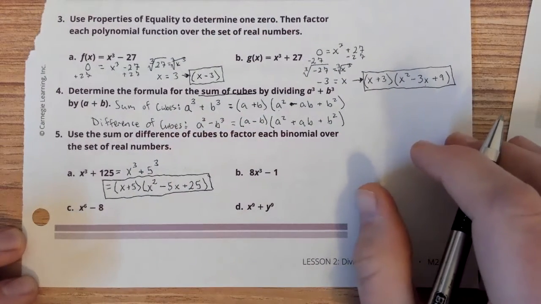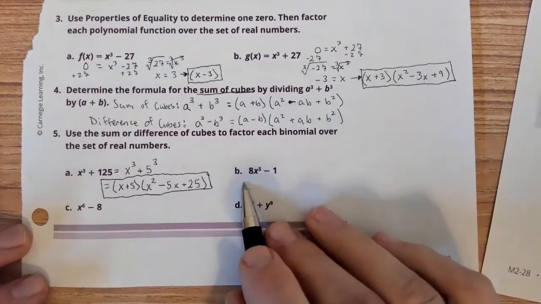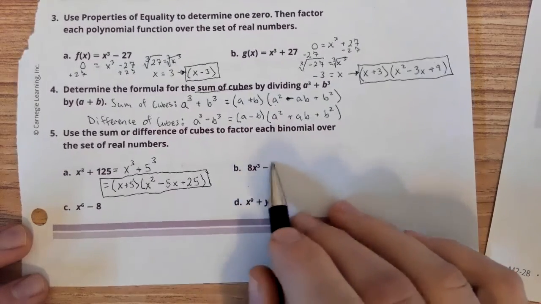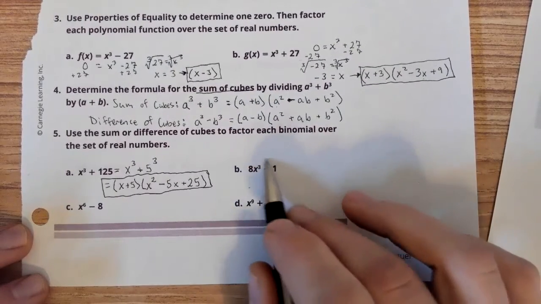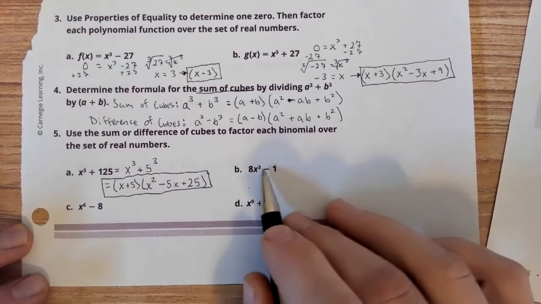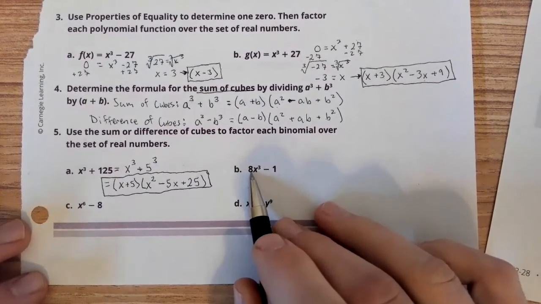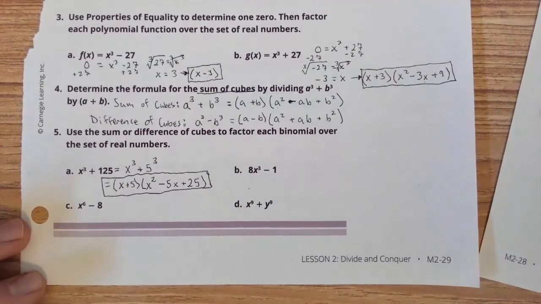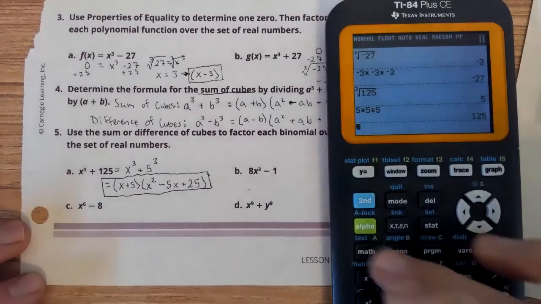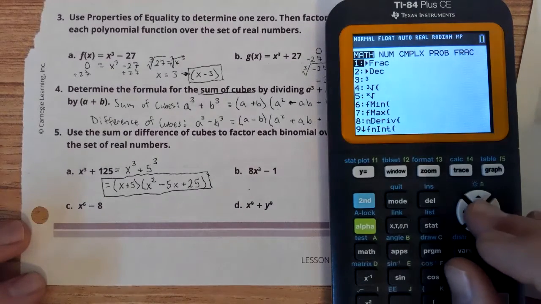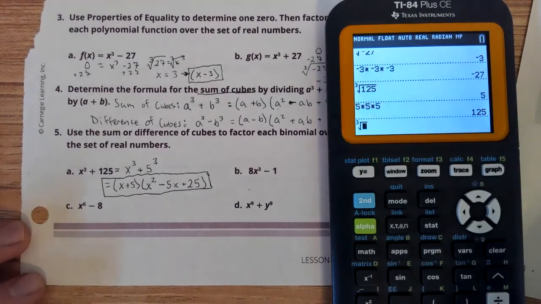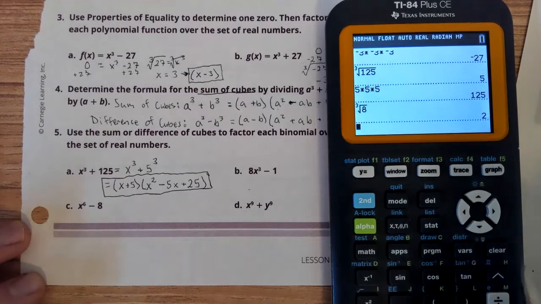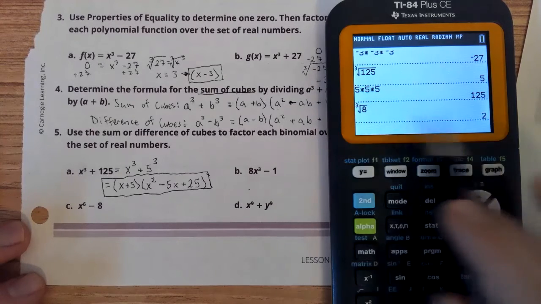Okay, cool. Move on to part B. So it looks a little bit more confusing, but it's really not too bad. Remember, we need to find cube roots of these things. So we're going to rewrite 8x cubed as, I did this for a reason, the cube root of 8 is 2.